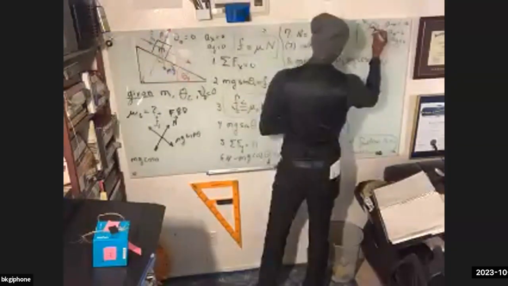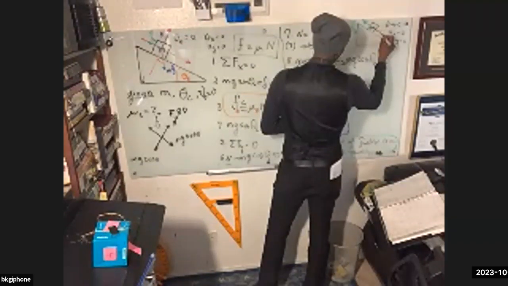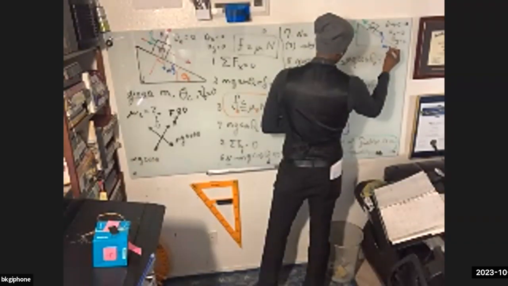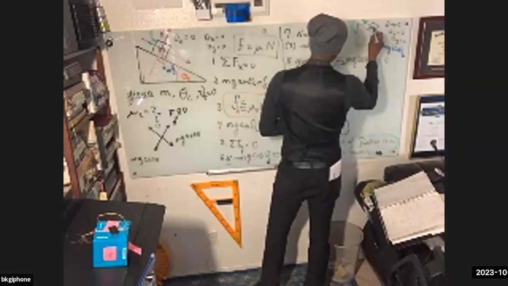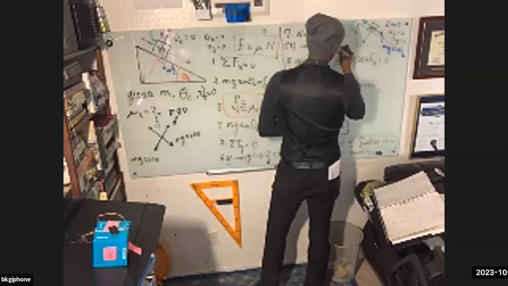And we'll just go ahead and write mg sine theta k down the plane, and mg cosine theta k down the plane, and of course the normal force up the plane.